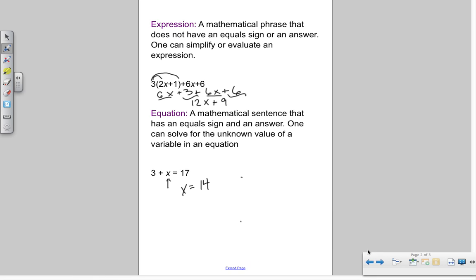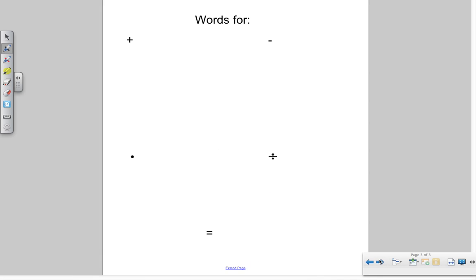Okay, moving on. Actually, I need to move to the next page. Now in this section, you're going to be doing a lot of translating. So you have to go back to remembering what words mean addition, what words mean subtraction, what words mean multiplication, division, and equals. Well, there's all the obvious ones: plus, minus, multiply, divide, equals.